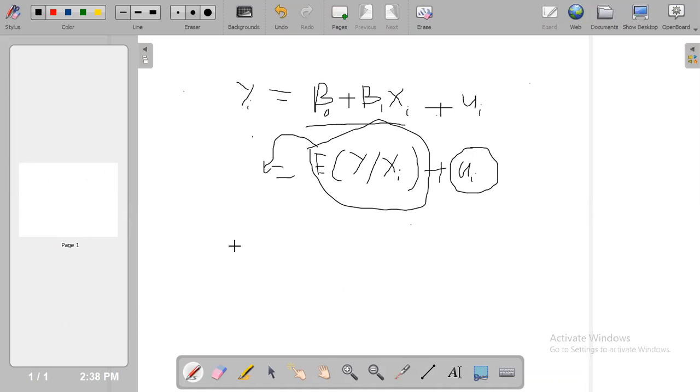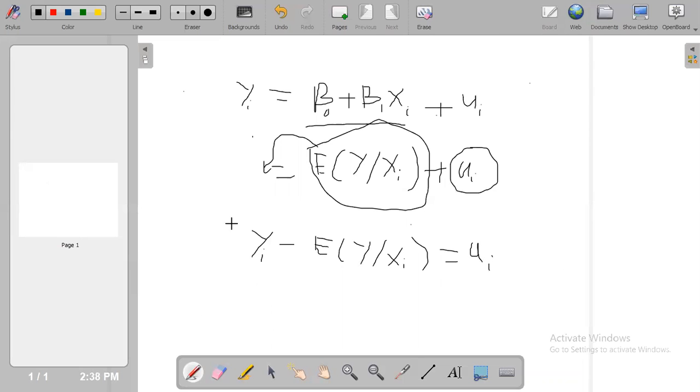So, for example, yi minus this conditional mean, this would be equal to the value of the disturbance term, ui.